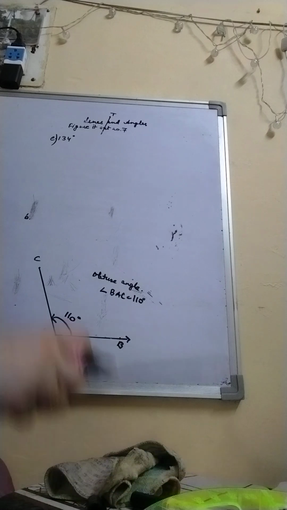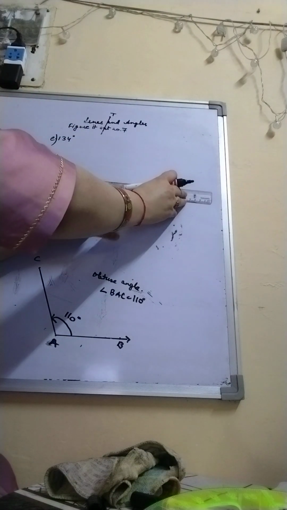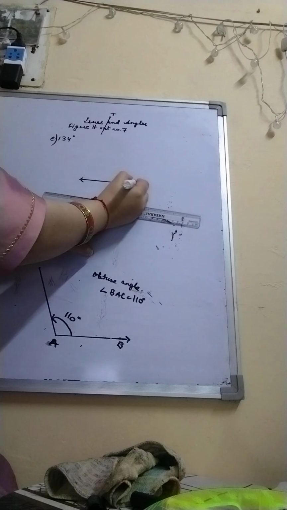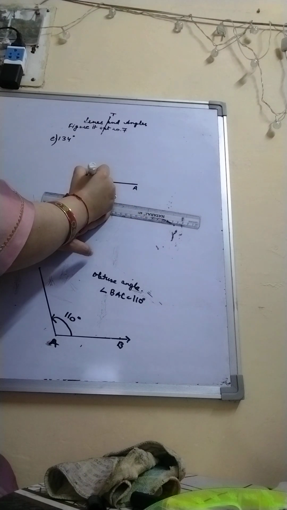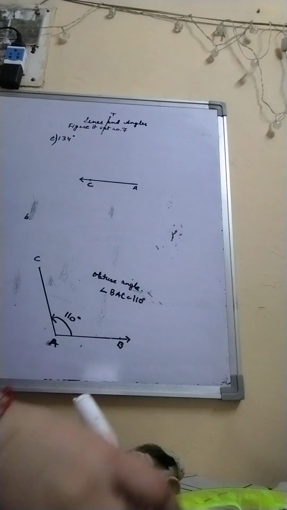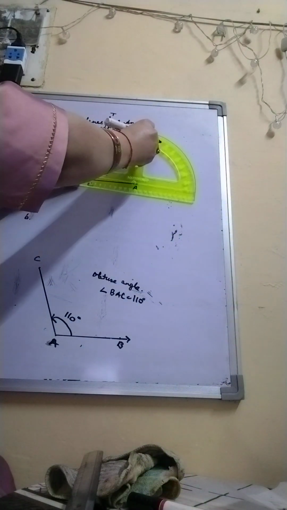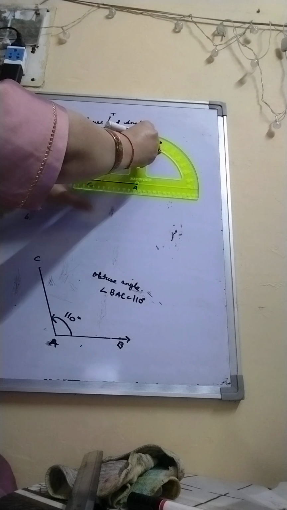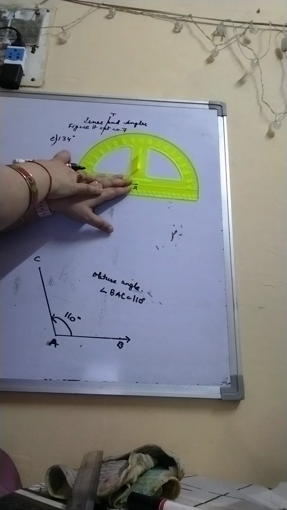So 134 degree. Again, suppose I start with left side ray. It is A, it is C. Then put the center at A and align the line of the protector with AC. Start from zero reading.